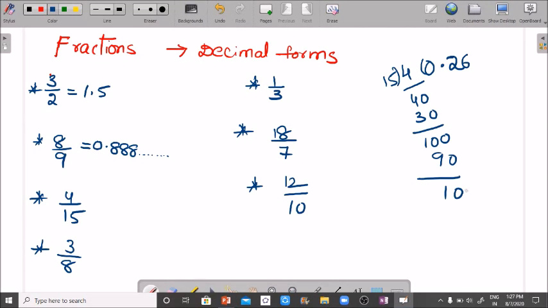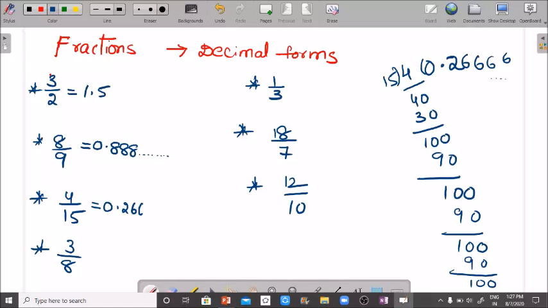Again 0, 15 sixes are 90, again 10. The process goes on. So 4 divided by 15 is 0.2666 and so on.